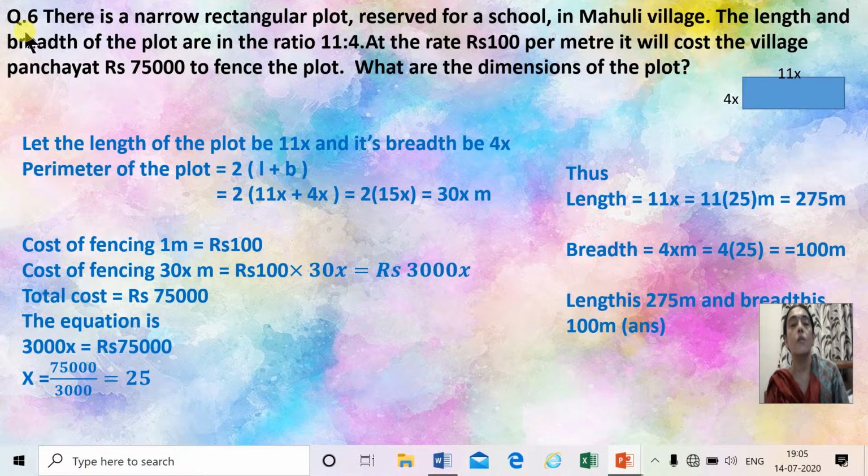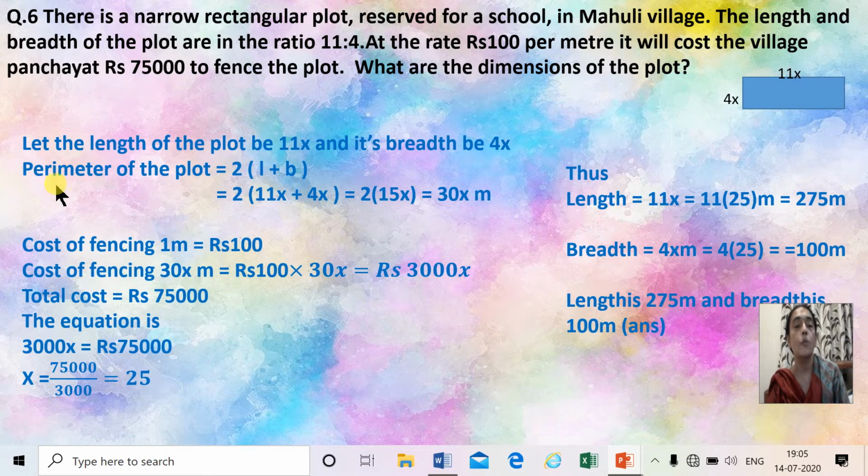Now length and breadth are given in the ratio of 11:4. So straight away you will take, let the length of the plot be 11x and its breadth be 4x. Now we are given that they have to fence the plot. Whenever fencing is done, we find the perimeter.